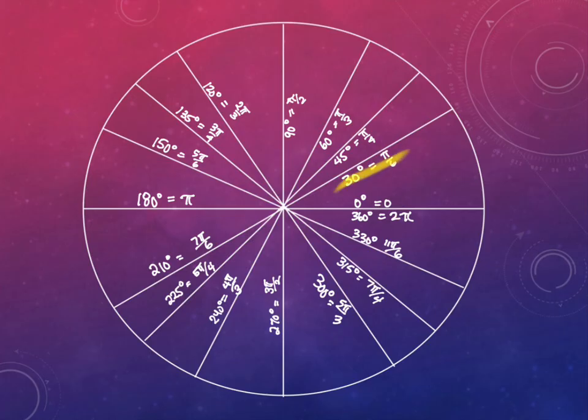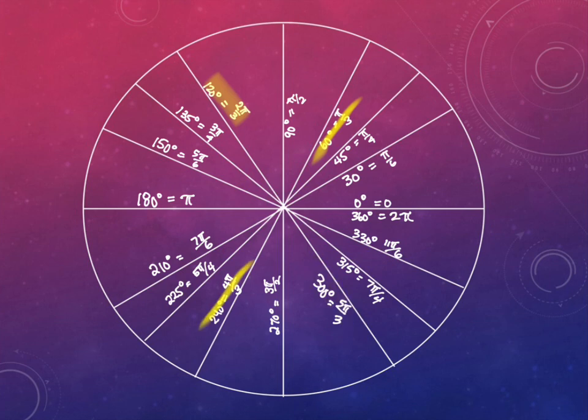This one right here, and this one, these are both going to be pi over 6 values. And the same thing for the two that are closest to the x-axis above and below. So it's pi over 6, 5 pi over 6, 7 pi over 6, and 9 and 11 pi over 6, excuse me. And then the ones that are nearest the y-axis are all over 3. So this is pi over 3, 2 pi over 3, 4 pi over 3, and 5 pi over 3.